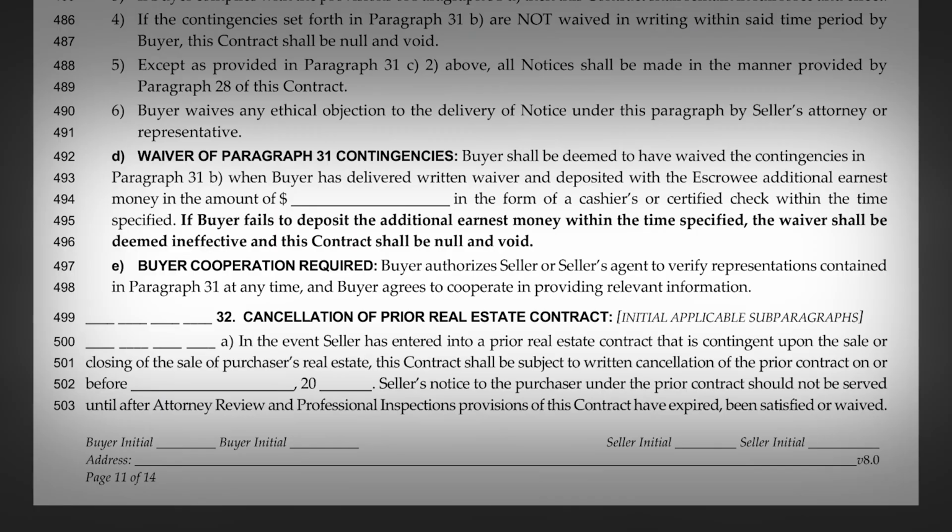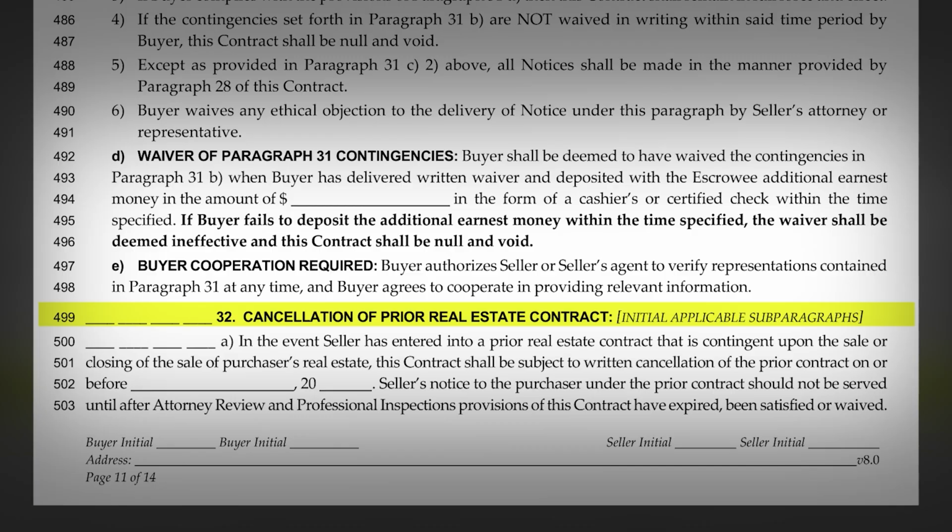We now start paragraph 32, cancellation of prior real estate. Before, in the 7.0, this was a very short paragraph. It now has elaborated and it has 3 subparagraphs. You are going to make sure that you initial the paragraph that applies.